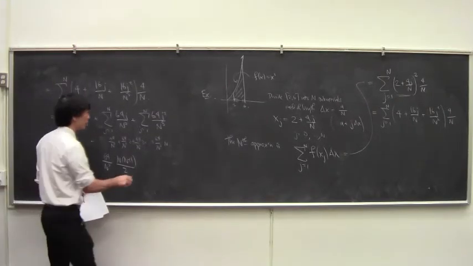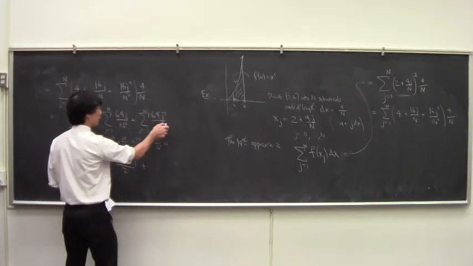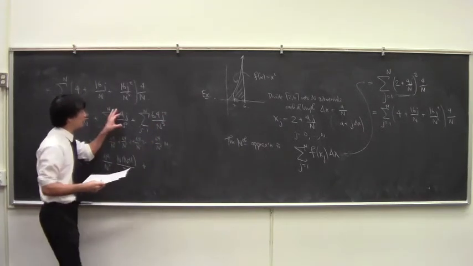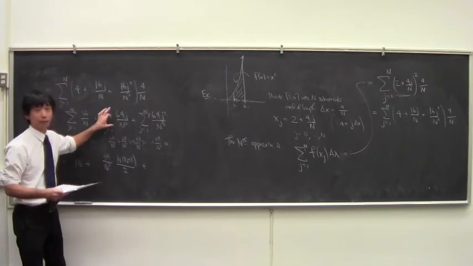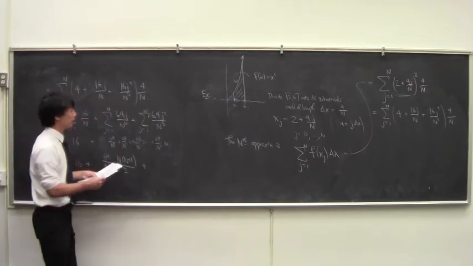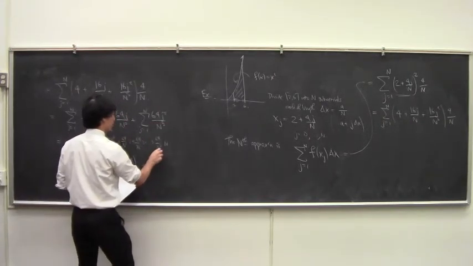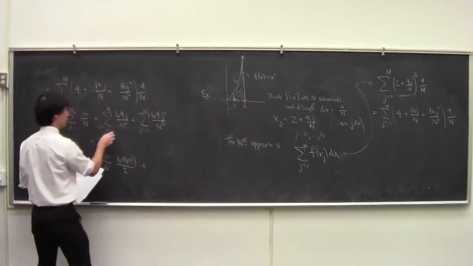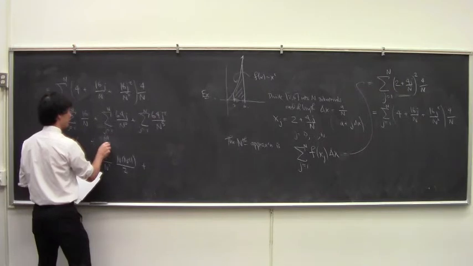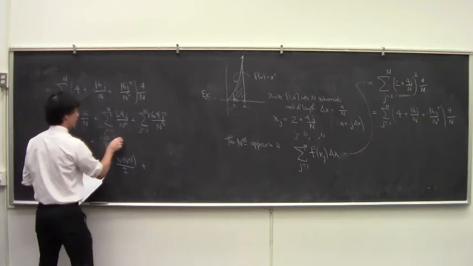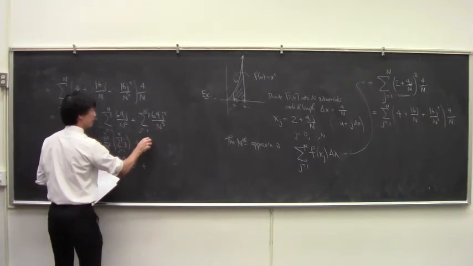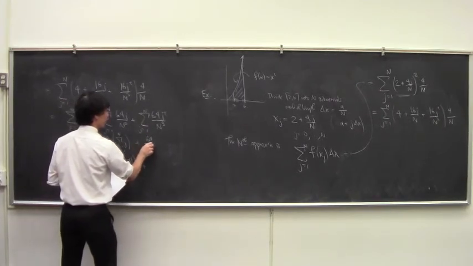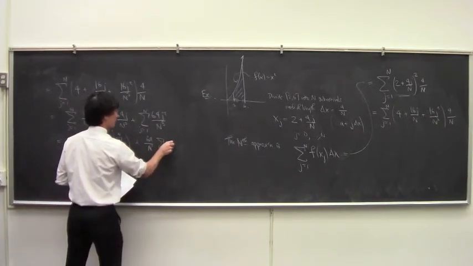Okay, and then the last one, same thing. Basically what we're doing is noticing that we can factor out the 64 over n squared, right? So here we factor out the 64 over n squared and get left with the summation of j from j equals 1 to n. Here we're going to do the same thing, factor out the 64 over n cubed, and we get the summation of j squared from j equals 1 to n.